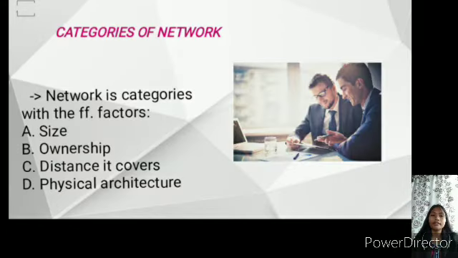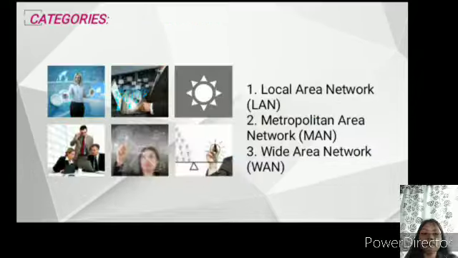We have the characteristics of a network. A network is categorized with the following factors: first is size, second ownership, third distance it covers, then physical architecture. Three categories. First is local area network, or LAN. What is a local area network?